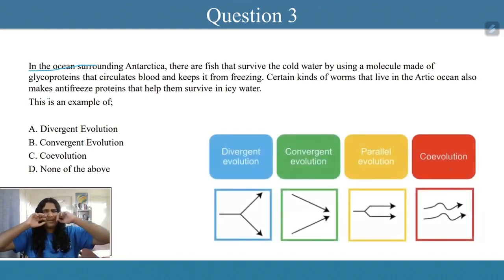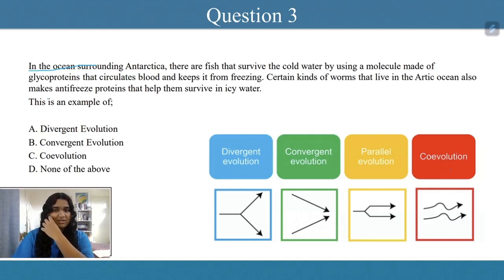So first of all, I've got a couple of questions lined up about divergent, convergent, or the diversification patterns. I'm just going to do the explanation once, of all of them. But divergent evolution is where you get two organisms that have come from a common ancestor at one point in time and then evolved to look very different and have very different traits because they've traveled to different environments or have been brought up in different environmental conditions.